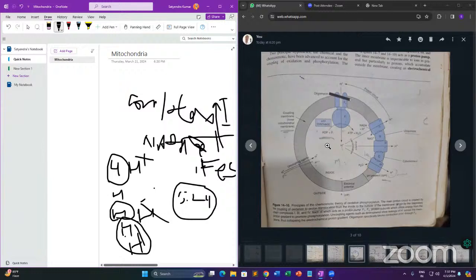Later the electrons and protons combine, and the electron is finally accepted by oxygen to produce H2O. So the ATP synthase enzyme is coupled with the flow of the respiratory chain, which consists of the movement of electrons and protons.